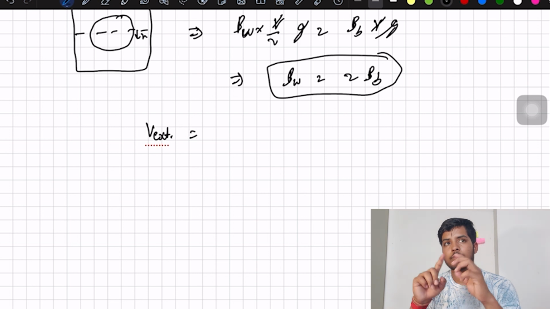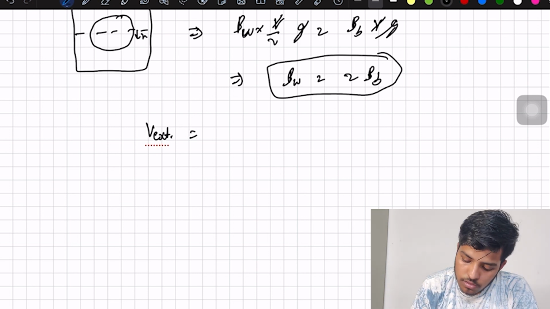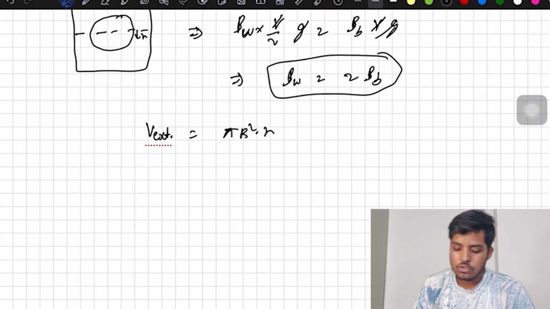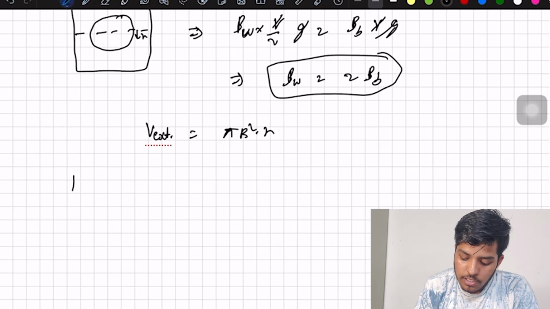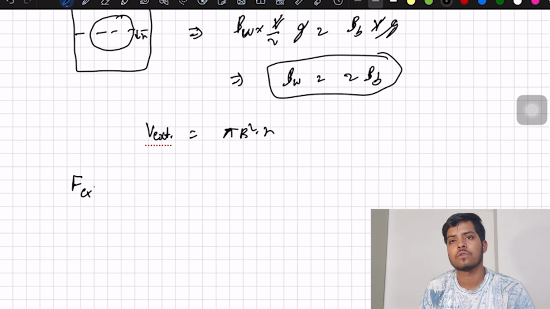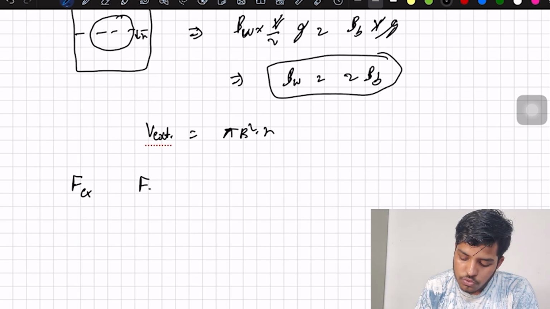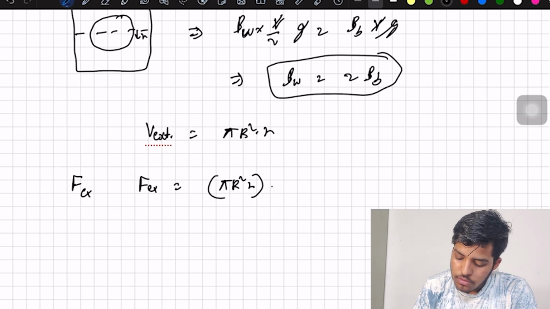You can imagine the cross sectional area of that sphere is pi r square, and into x is the extra volume that is submerged. So what is the extra force, meaning the net external force, for the time period and for SHM, only the net external force is required. So force external equals pi r square x rho Vg.